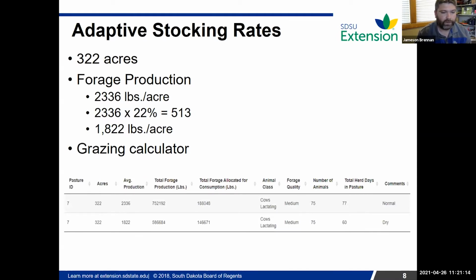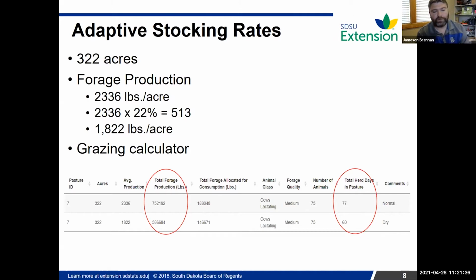The two big things that are going to change there are the forage production pounds for the total pasture, as well as the number of herd days within that pasture. And so under this dry scenario, we might have 17 fewer days that we're able to graze in that pasture because of that reduced forage production.